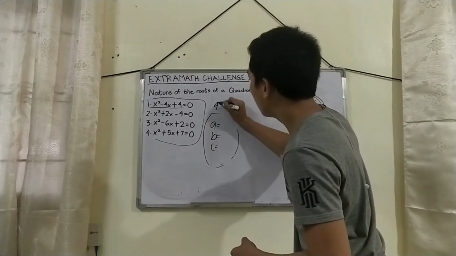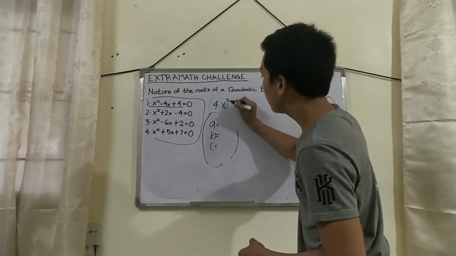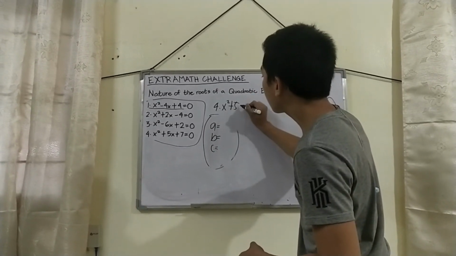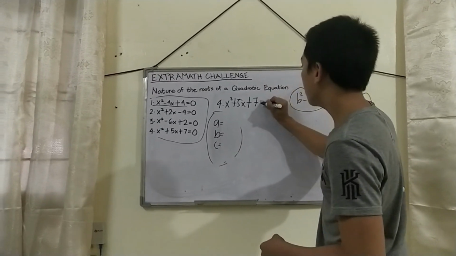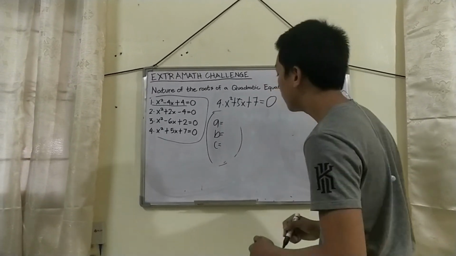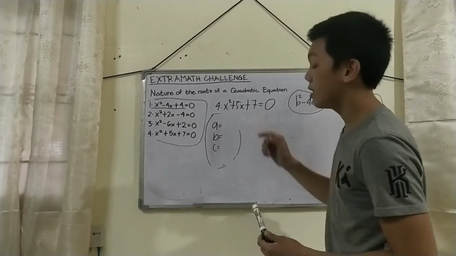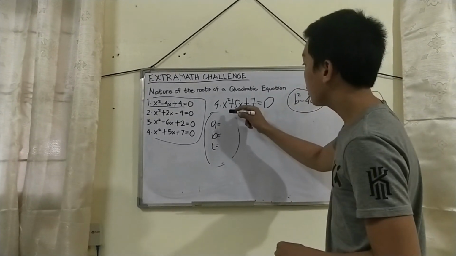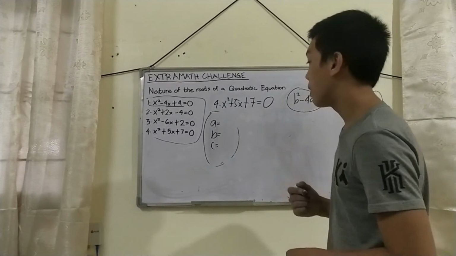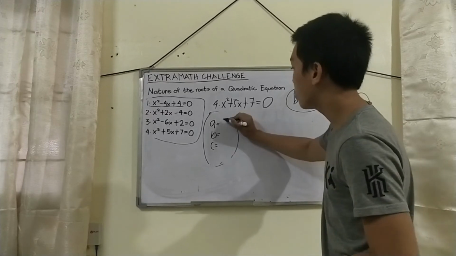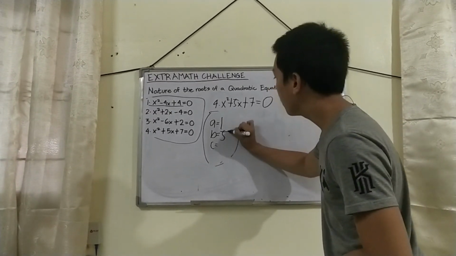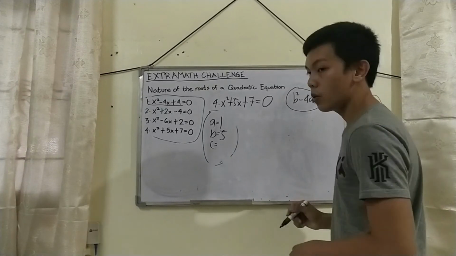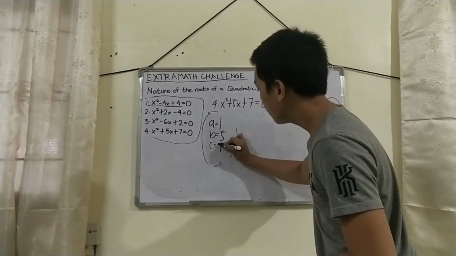So number 4, x squared plus 5x plus 7 is equal to 0. First, let us identify the values of the variables. a is equal to 1, b is equal to 5, and c is equal to 7.